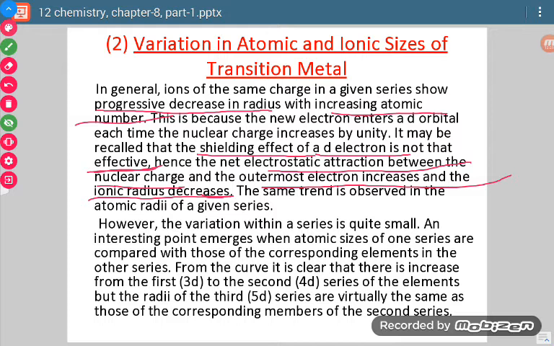Okay, now when we talk about a particular series, let us suppose the first series, it is also called the 3d series. They are called 3d, 4d, 5d, 6d because the last electron enters the 3d orbital in the first series, the 4d orbital in the second series, the 5d orbital in the third transition series, and the 6d orbital in the fourth transition series.